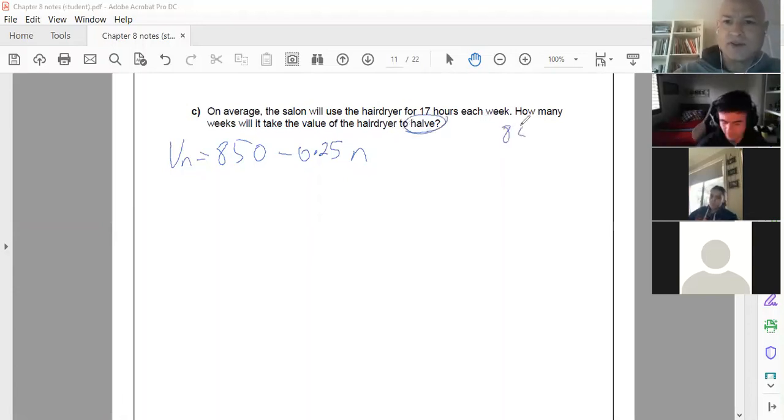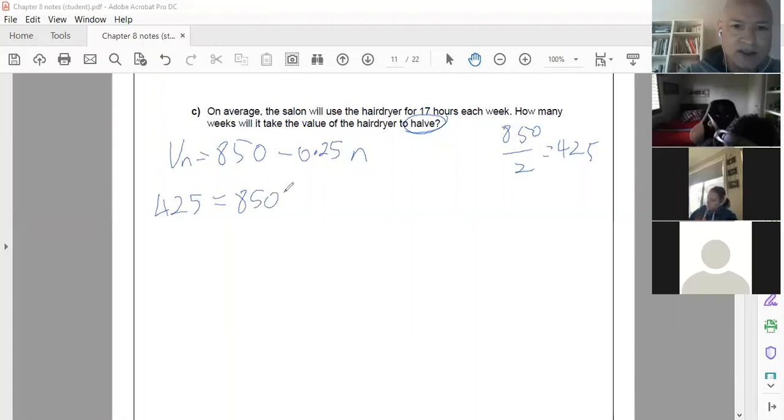Well, 850 is what it's worth, divided by 2. 850 divided by 2, that's what half means. So we've got to go for 425. So we want to know when it reaches $425. So that's what I'm going to put in here: 425 equals 850 minus 0.25 times N.